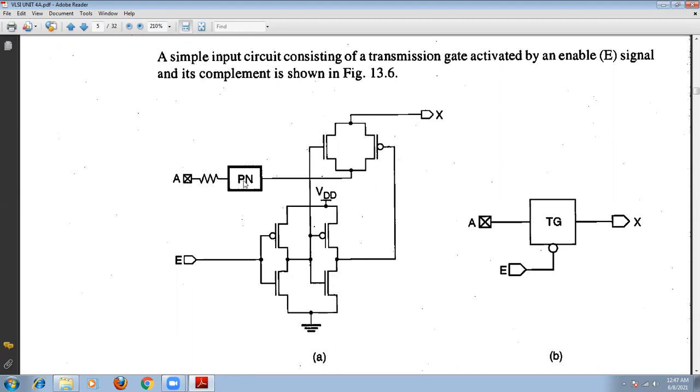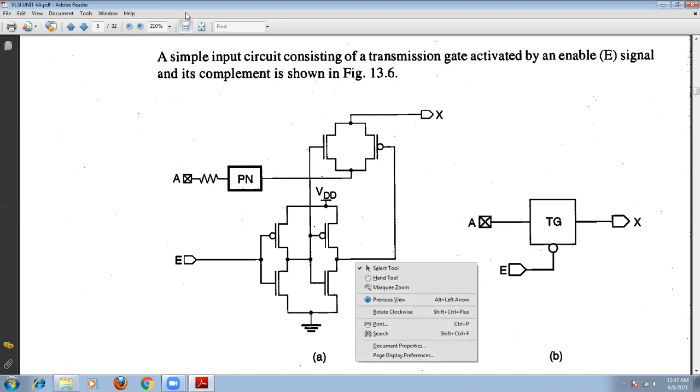I've seen the previous topic on that type of protection network. It can be a simple diffused resistor, a diffused diode model, or thick oxide NMOS transistors. The signal enters the pad and passes through the protection network. If there is no electrostatic discharge, the signal can be transmitted to the input circuit.